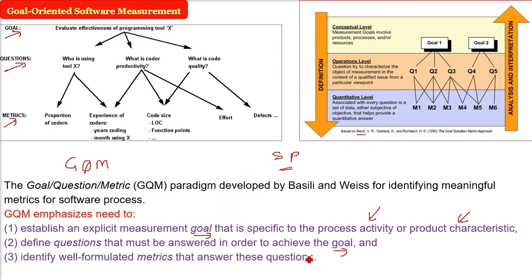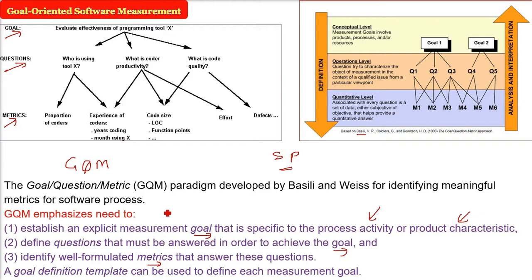And then we will identify well-formulated metrics that will answer these questions, formulated with respect to the measurement goal. And then we'll make a goal definition template, and that will be used to define each measurement goal. I'll show you this goal definition template just now.